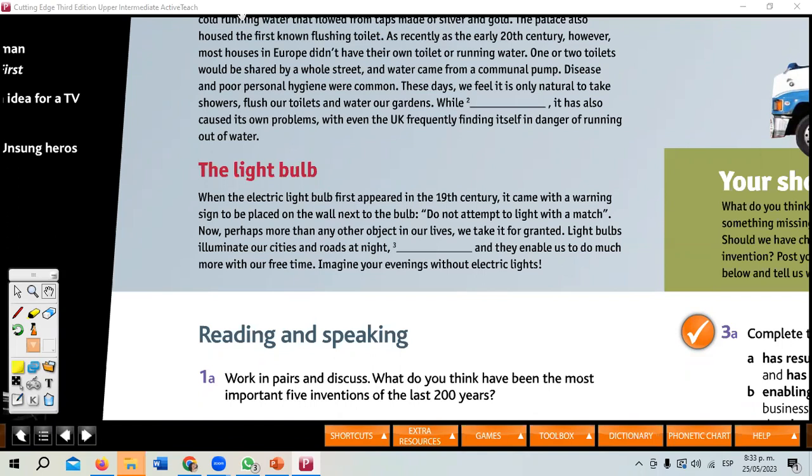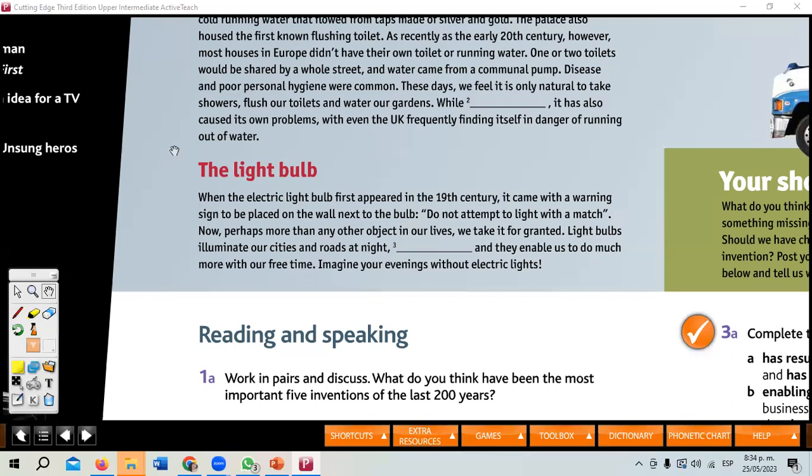Now, perhaps more than any other object in our lives, we take it for granted. Light bulbs illuminate our cities and roads at night, and they enable us to do much more with our free time. Imagine your evenings without electric lights.